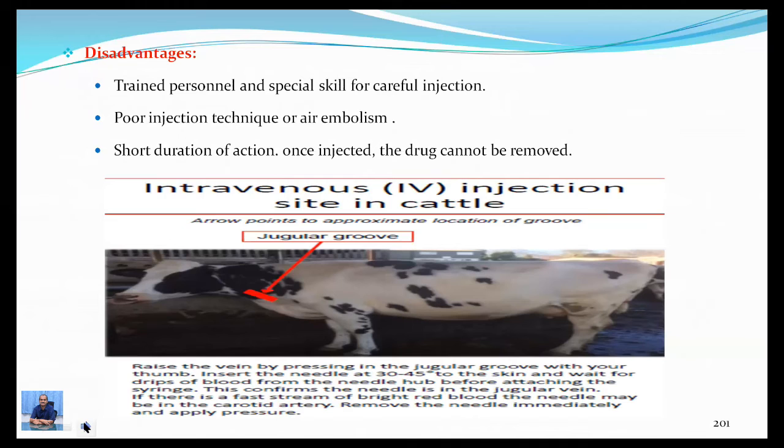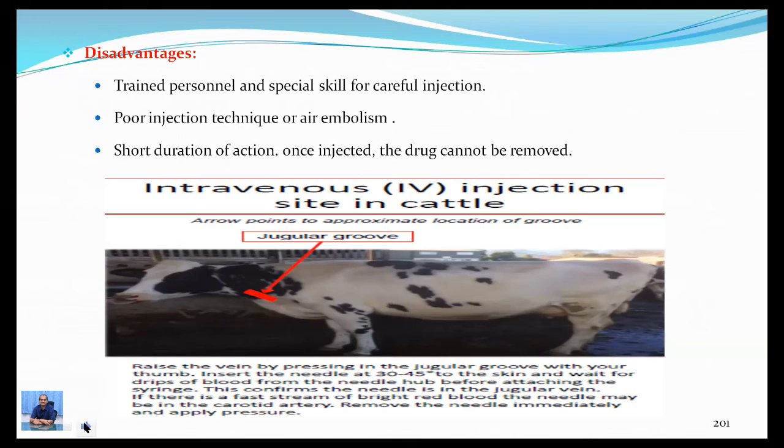Usually the venous blood will be a little bit dark when compared to the bright red color of arterial blood. If bright red blood comes, then it is in the carotid artery. Most of the time, the carotid artery runs beside the jugular vein. If fresh blood is oozing with bright red color, you should think that it has gone into the artery, and you immediately have to withdraw and apply pressure.